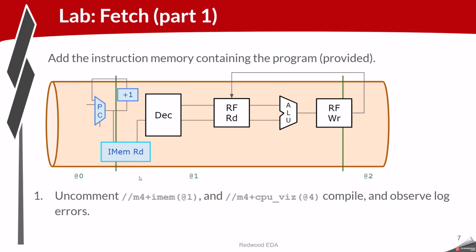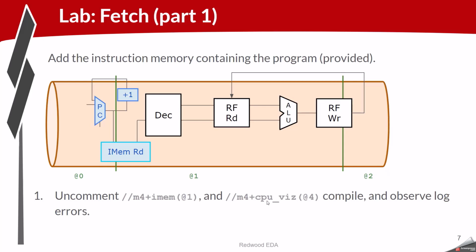So for this lab exercise, just uncomment that line toward the bottom of the shell, give yourself the instruction memory, and you can also uncomment the CPU visualization. The visualization is going to assume certain signals, and the instruction memory is going to assume certain interface signals.